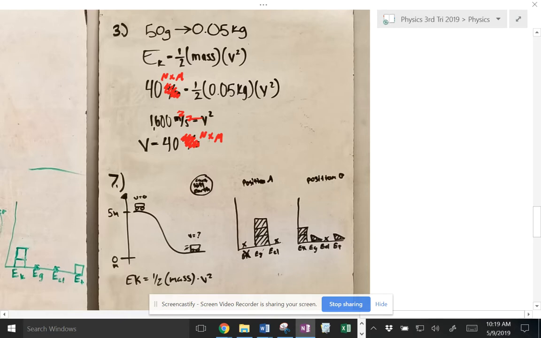So velocity squared is 1600 meters squared per second squared. And then what did you do to get that last line? We took the square root of both sides. So what would your answer be? 40 meters per second.